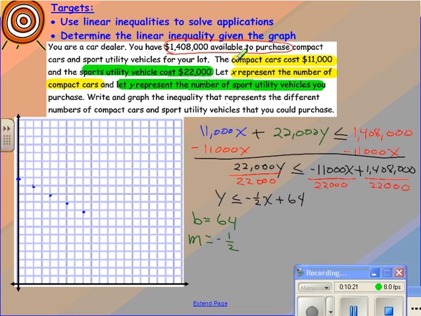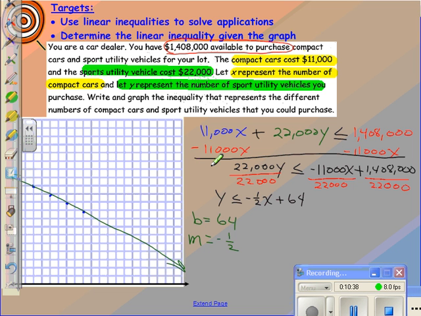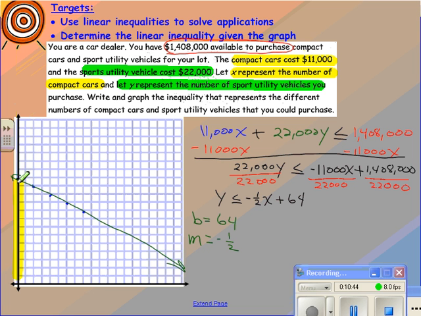Then to graph that, my line would go through here just like this. Okay? And let's give it a shot and see if this line will straighten up just a little bit for us. Nope, it's going to stay the way it is, so that's fine. So I want less than or equal to, so that's why I made a solid line. And then I want to shade everything below again.